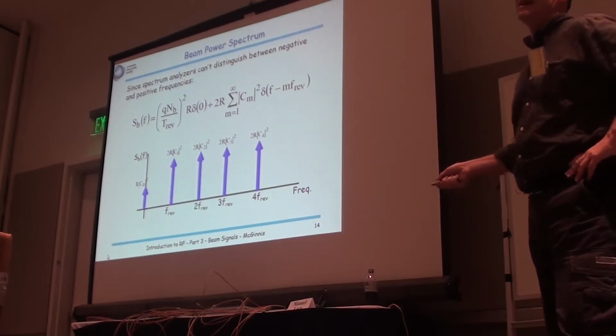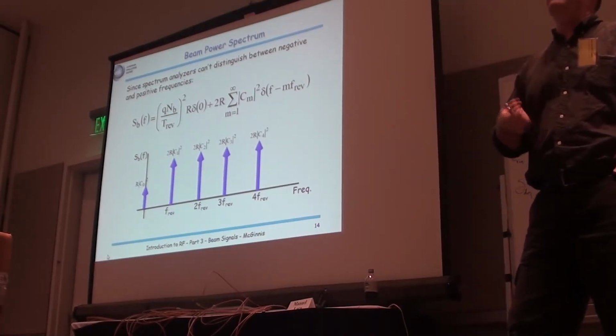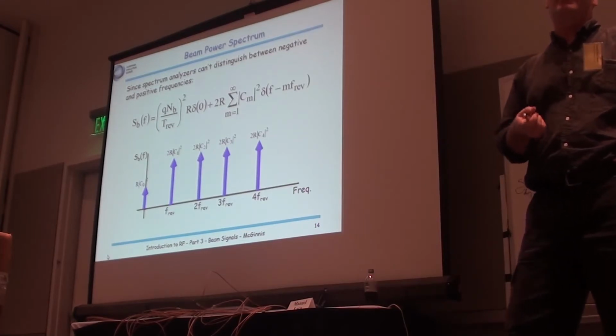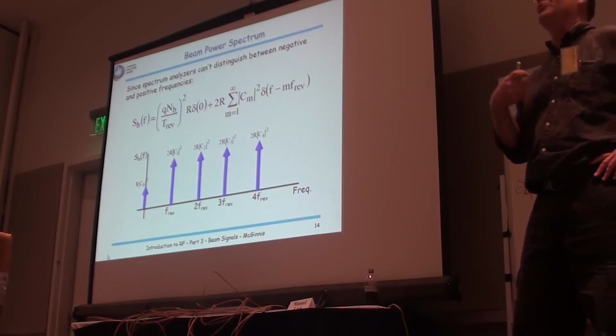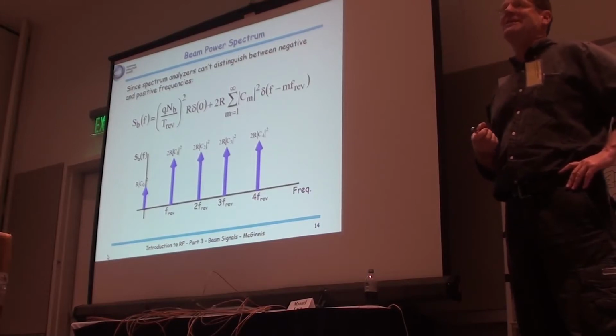It's twice that. So when you do beam loading calculations, don't forget the factor of 2, or you're going to be short on your klystron power. You've got to make sure that you keep that factor of 2. I've seen lots of people drop that factor of 2 over the years, and it's an expensive mistake.